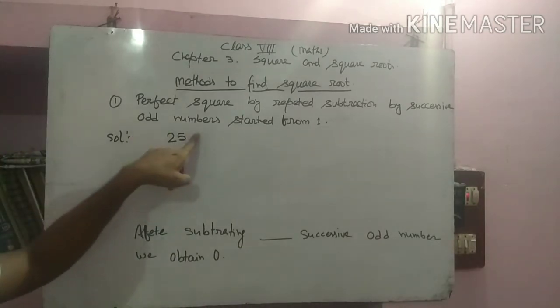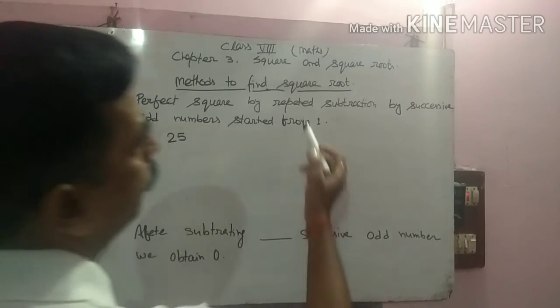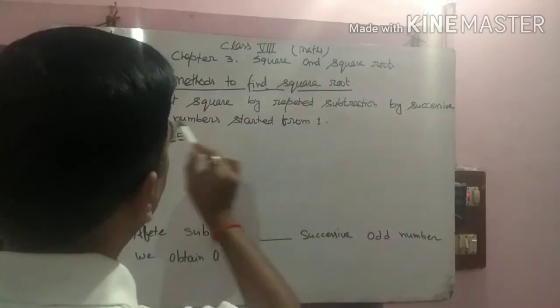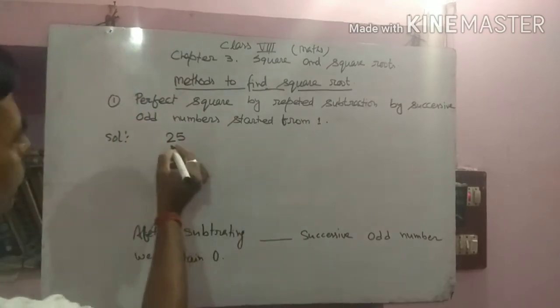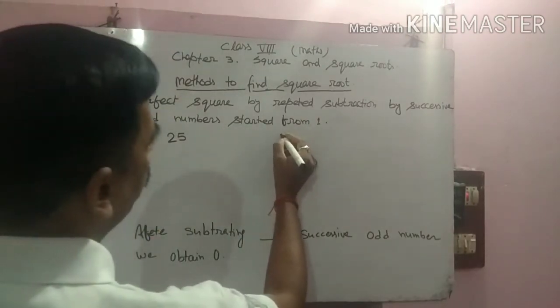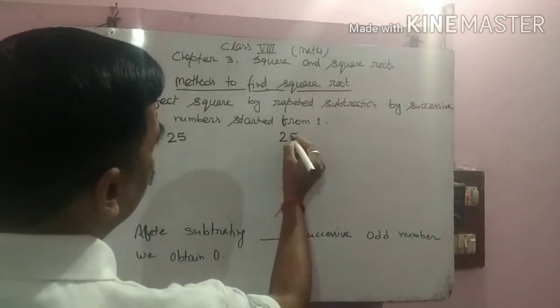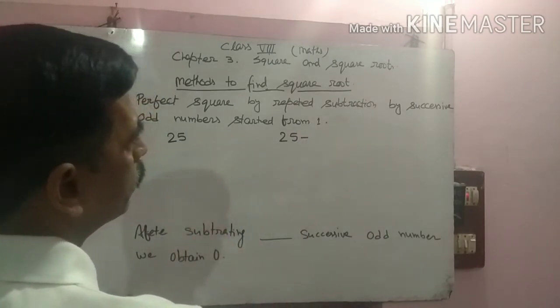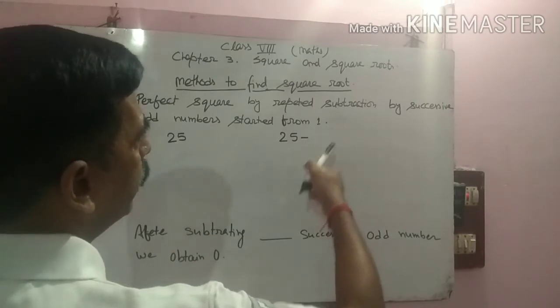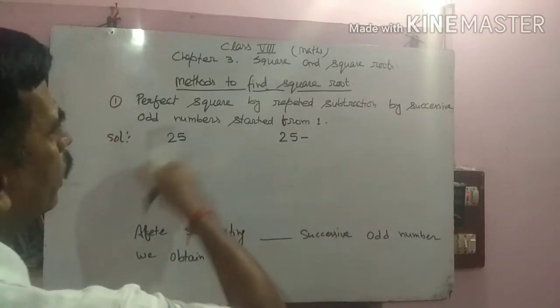Look here, the number given is 25. The method says we have to subtract repeated successive odd numbers.